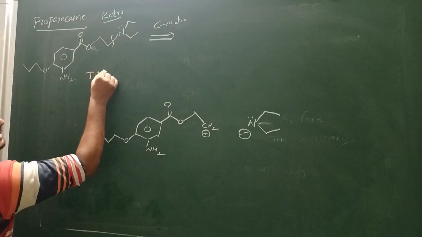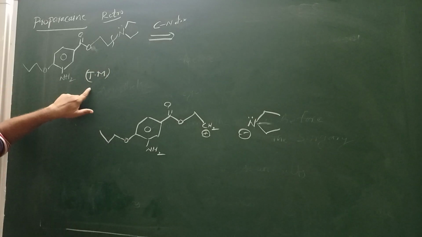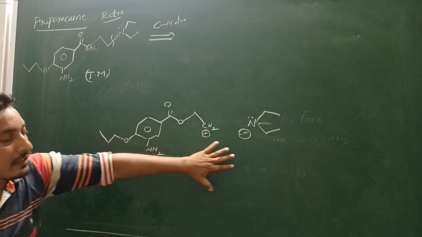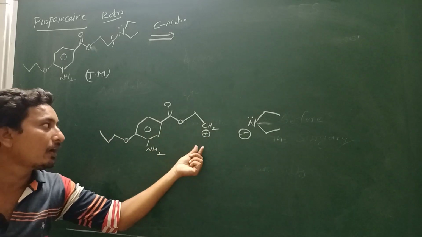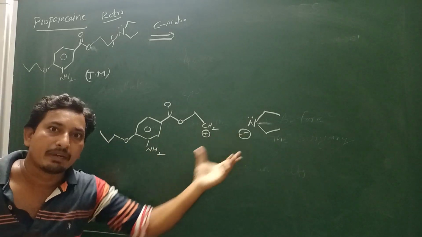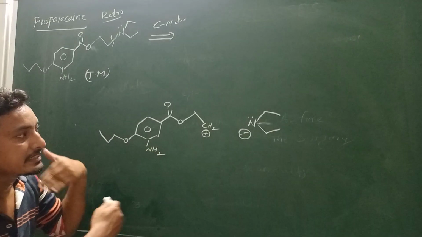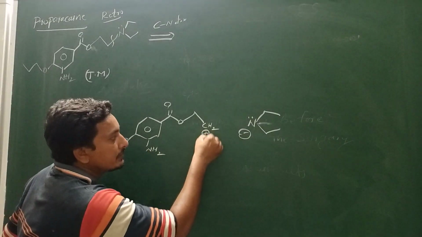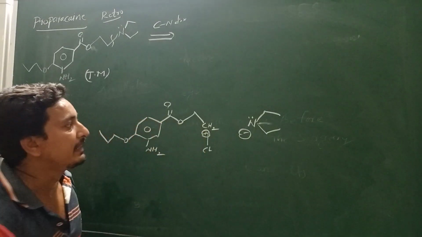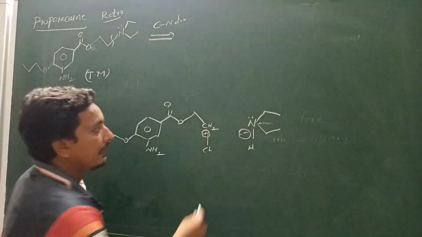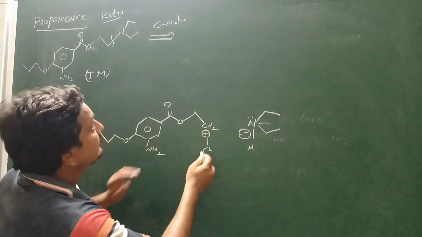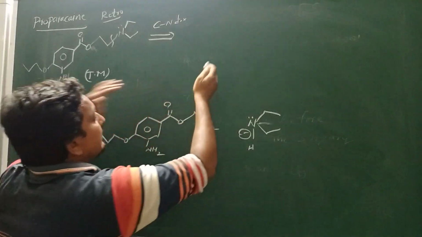T means target molecule. Synthons are the fragments of a molecule which are associated with a plus or minus charge. CH2 plus is stabilized by Cl minus ion, and nitrogen is stabilized by hydrogen ion. And these are synthons. The synthetic equivalents are like this.